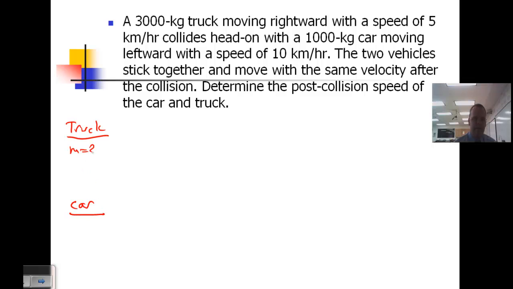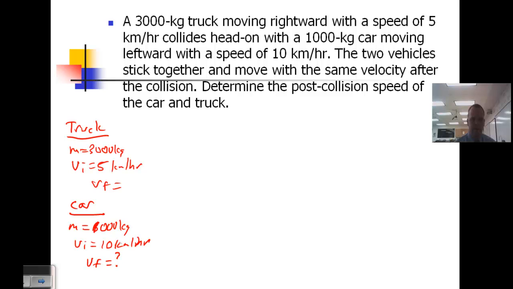Truck, mass of 3,000 kilograms. Car, mass of 1,000 kilograms. Initial velocity of the truck is 5 kilometers per hour. Initial velocity of the car is 10 kilometers per hour. And we're looking for the final velocity of both.